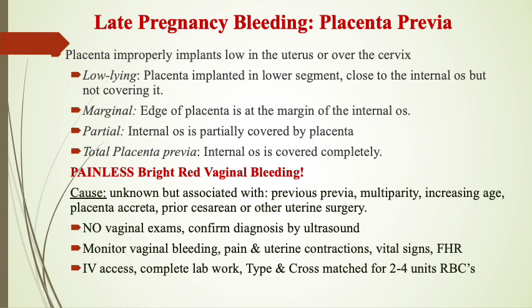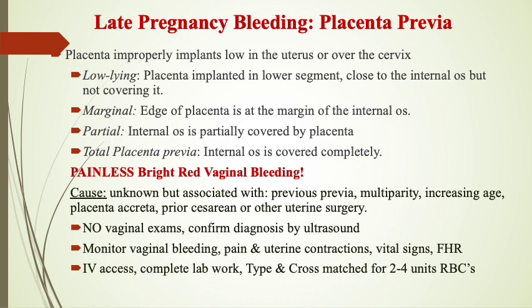However, with total placenta previa, the internal opening or the internal os is completely covered by the placenta. So this is a condition that endangers the patient as well as the unborn fetus.